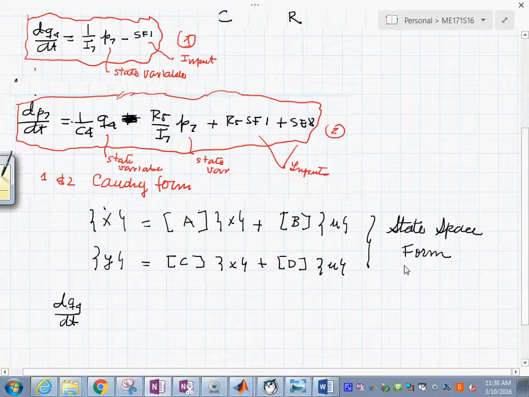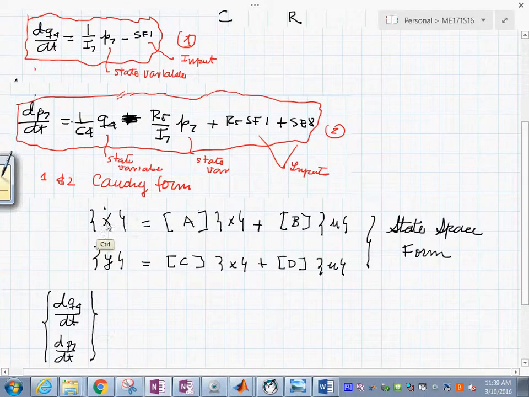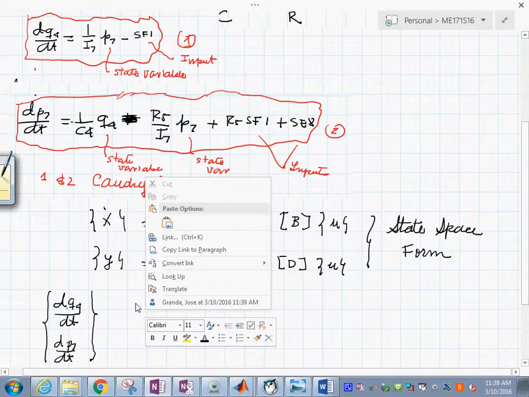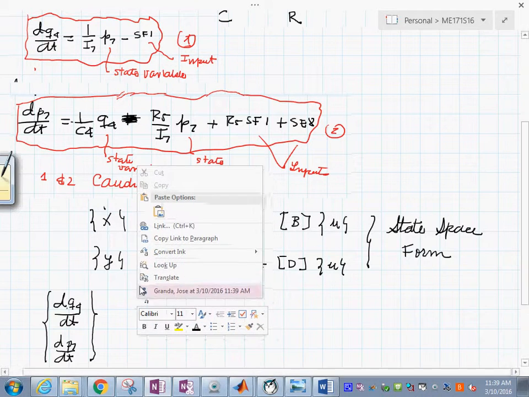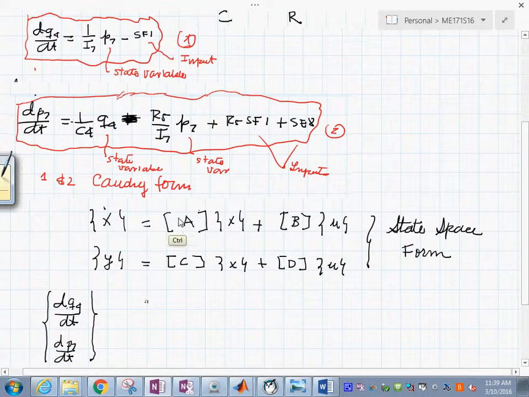And then you have these two state variables, q sub 4 and p sub 7, and then plus this matrix here, and then the input vector. In here you have two of these: SF1 and SF8. So right now we need to fill what goes into here.